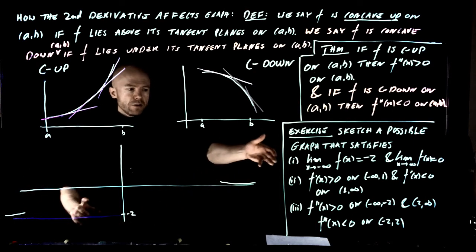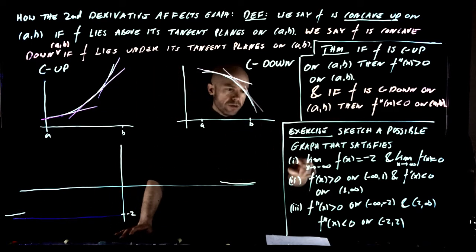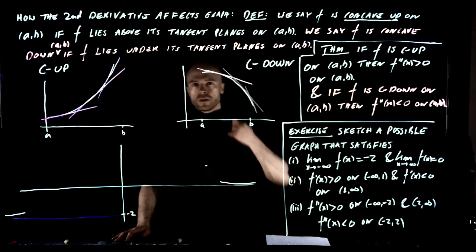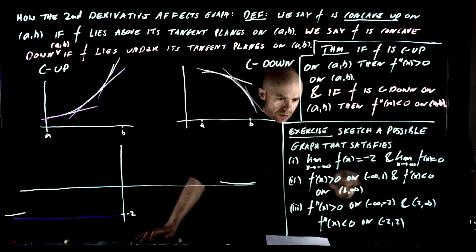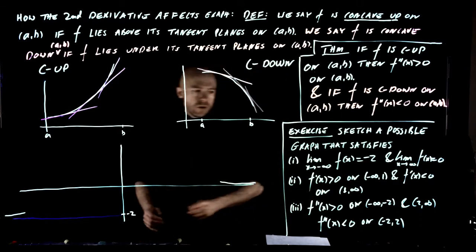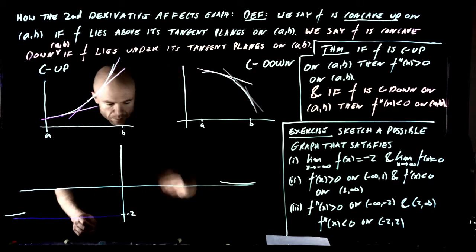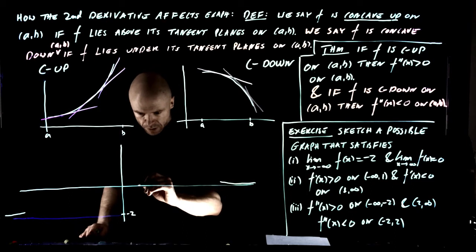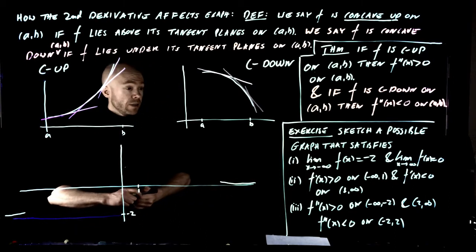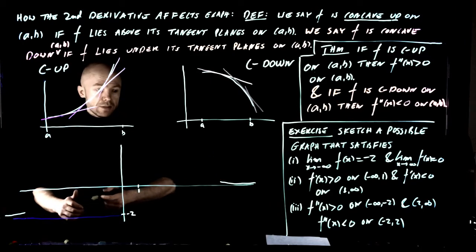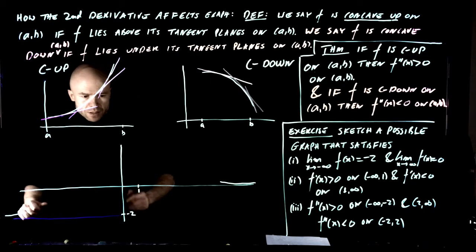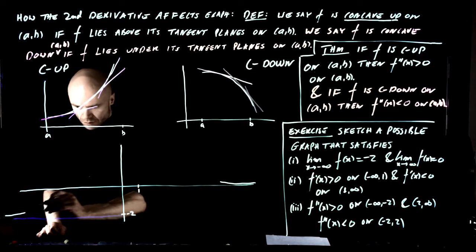And now we use the 1st order information. 1st order means we take the first derivative and see what we got. So we've got positive derivative from minus infinity to 1, and then negative from 1 to infinity. So let's block that in. So this here is 1. So it is increasing from minus infinity to 1, right? And then it is decreasing from 1 to infinity. So we have to have something like this happening.